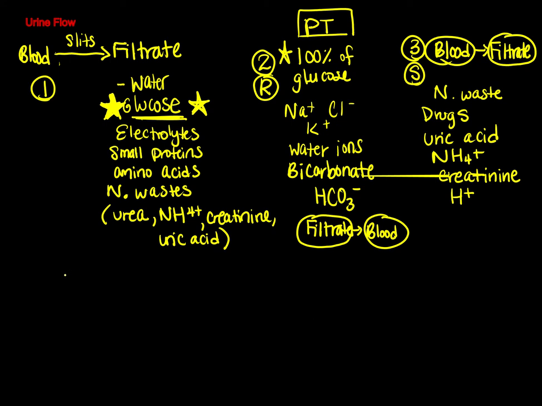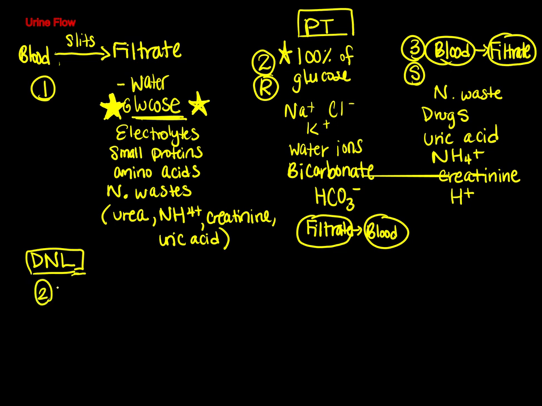And like we said, in the nephron loop, you're only going to see reabsorption in both parts. So if we look at the descending nephron loop, which I'm just going to abbreviate as DNL for right now, that's not an actual abbreviation, I'm just trying to not write everything out to conserve some space.